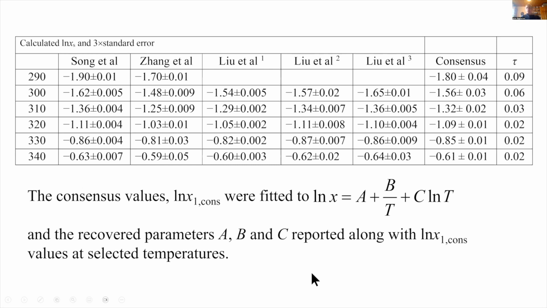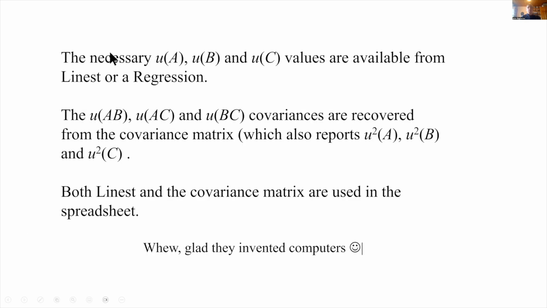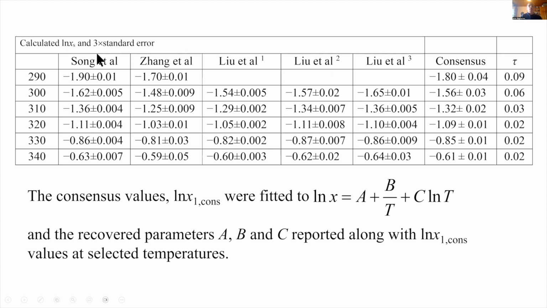Okay. So let me show you what we get back, and what I've done here is to show the consensus values here, and these again. Sorry, ignore that 3. These are standard errors, not 3 times the standard error. I have no idea why I didn't change that. These are the data sets, and these are the standard errors on the data points from fitting just the single set of data.